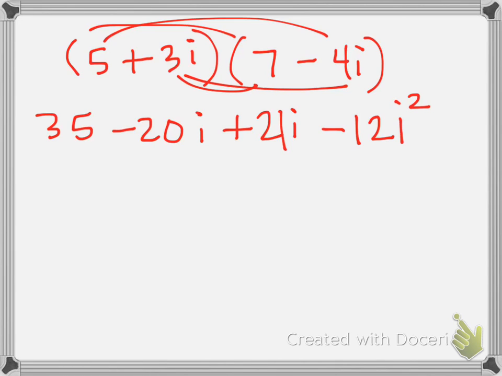Then to simplify, combine like terms. 21 minus 20 is just plain old i.